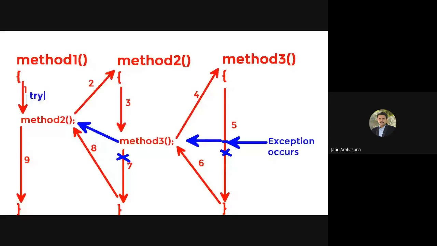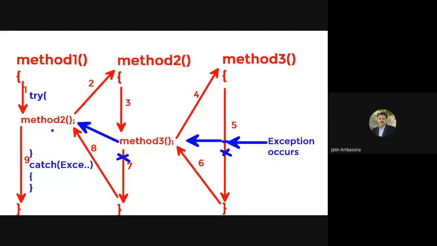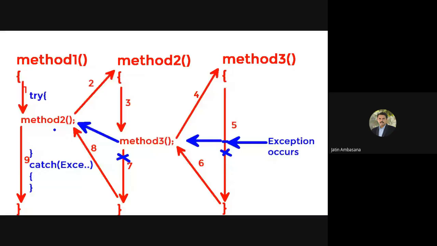And when the control returns, whether a try catch block is put or not, that exception would be caught in this catch, directly from here.